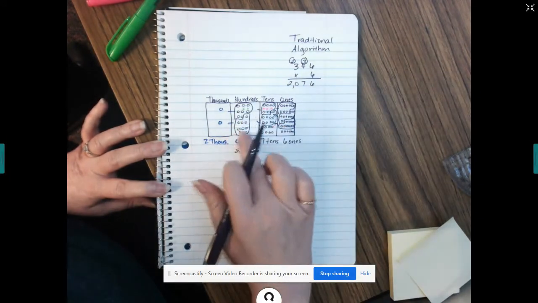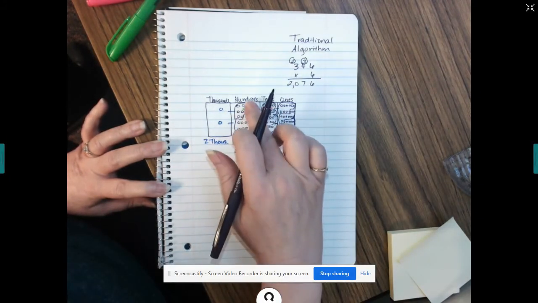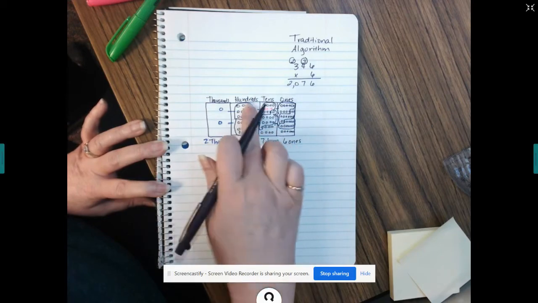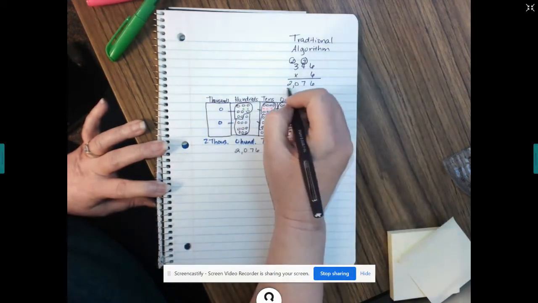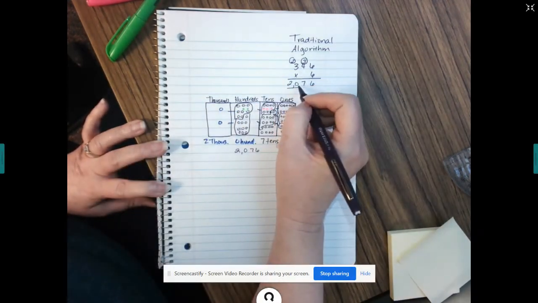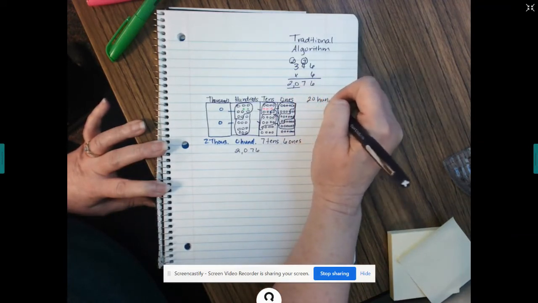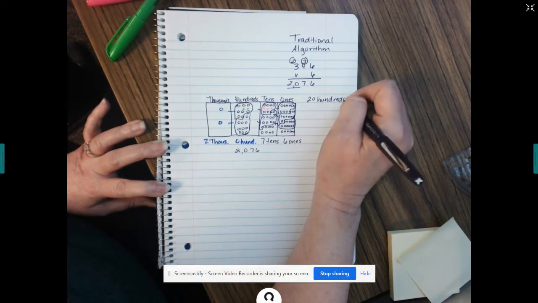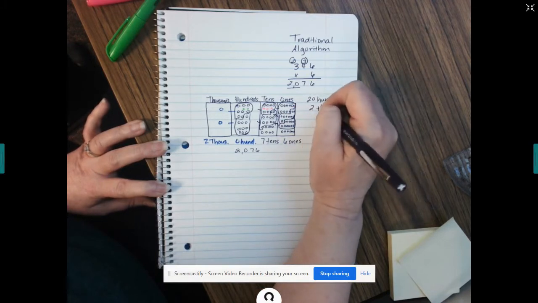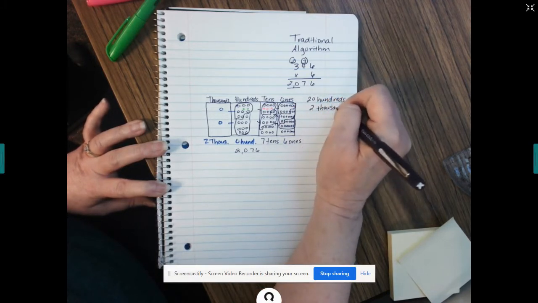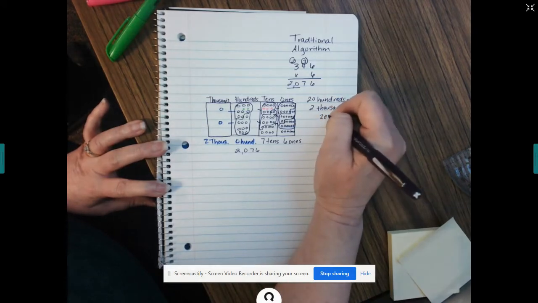Here I see that I have exactly 20 hundreds, which equates to 2,000, or 20 hundreds, because they're equivalent. 20 hundreds equals 2,000, 0 hundreds.